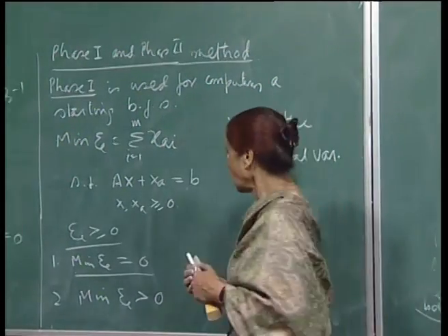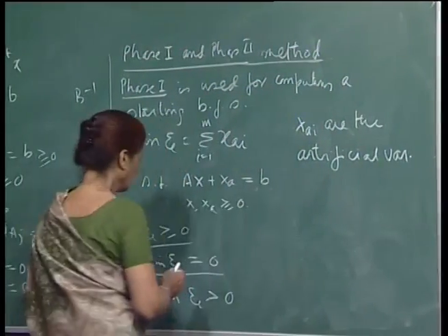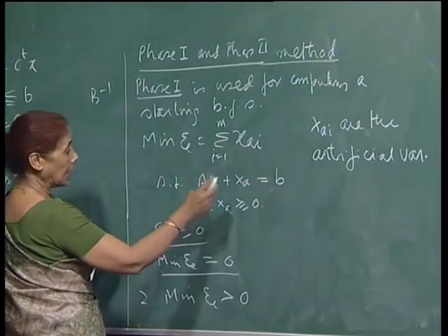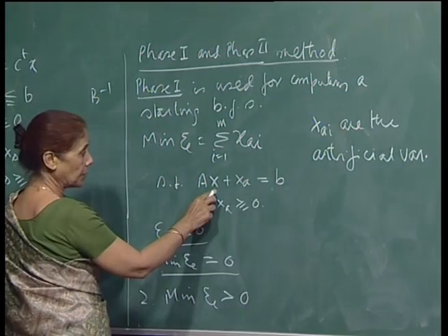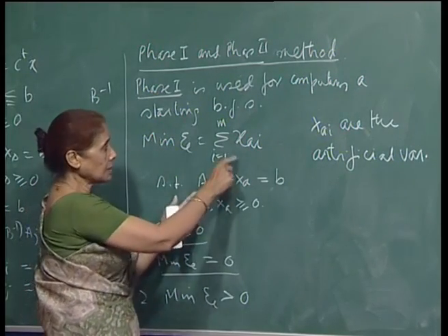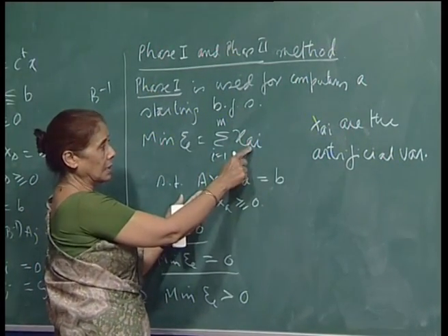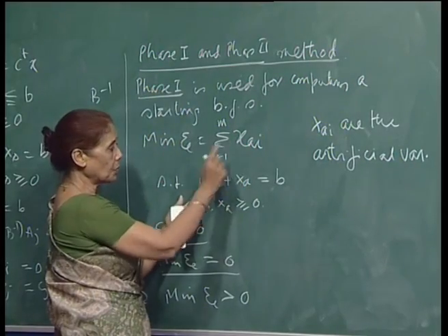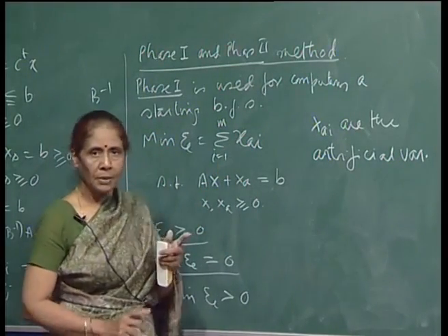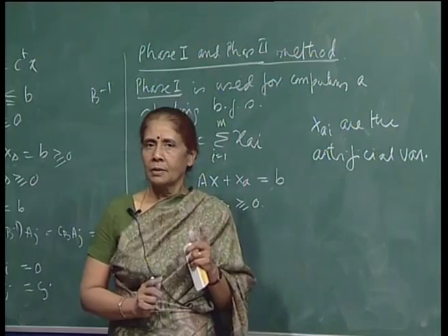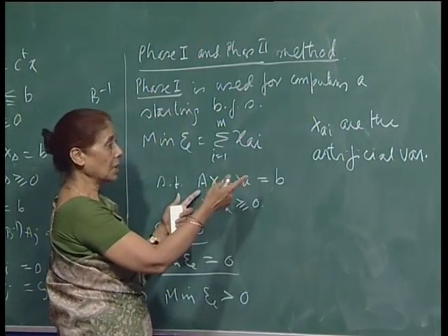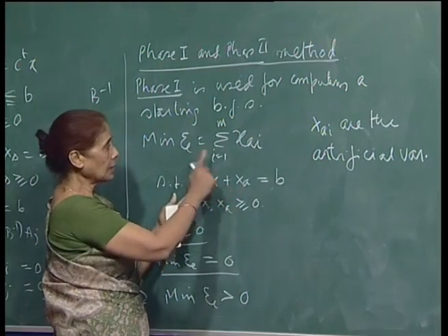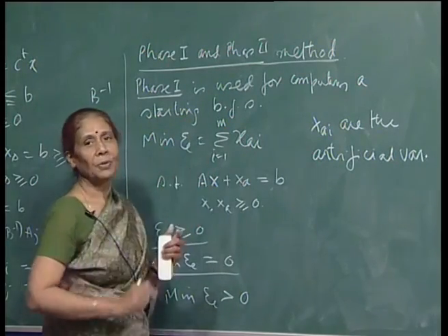Okay. So what we are trying to say is that in case there is a feasible solution here from among the x variables, then because I am minimizing this, the minimum value will be 0 provided no artificial variable is at a positive level. So in case there is a feasible solution to the original system Ax equal to b, then the minimum value here will not be positive.